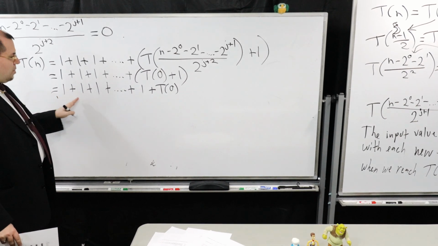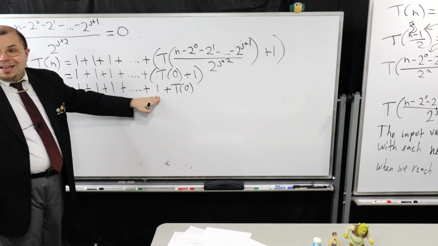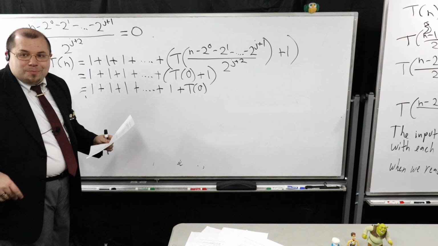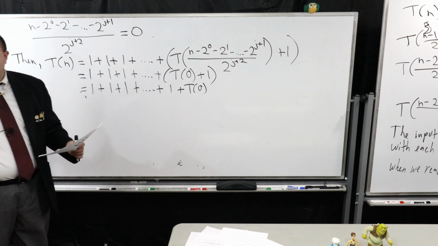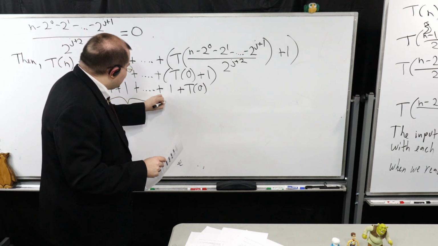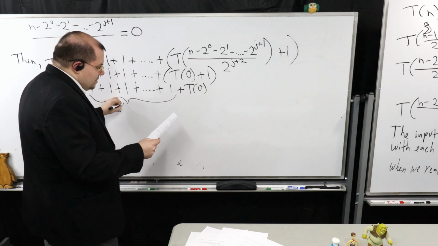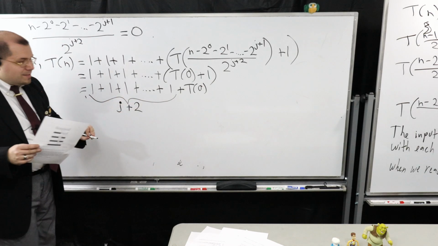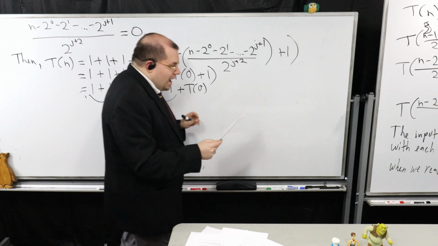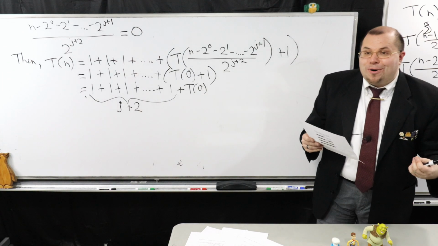If I were to count all the 1s before this one, it's going to be j plus 1, but now I'm going to add this extra 1 in. All of these in total, this is j plus 2 many of these. Exactly. So now I have an exact count of how many 1s there are.